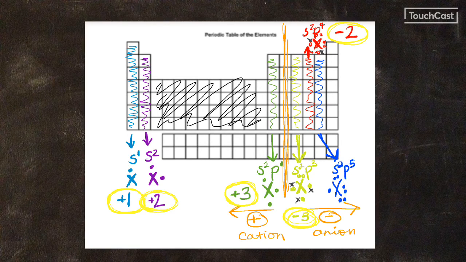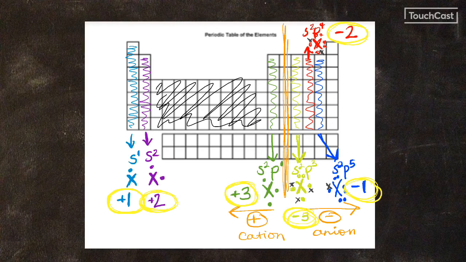And I have only one space here that needs an electron to make that octet rule. So it's going to gain a negative electron and give it a charge of negative 1. So everything in this blue column has a charge of negative 1. So guys, all you need to do on this worksheet is draw me your Lewis structure, so it'll follow one of these patterns, and then tell me the charge.